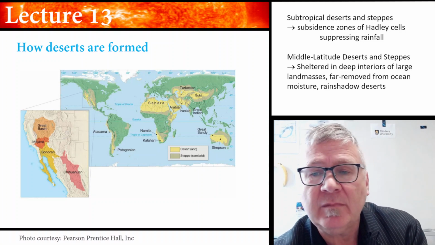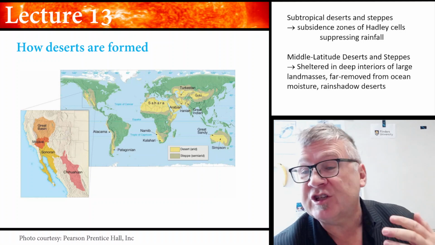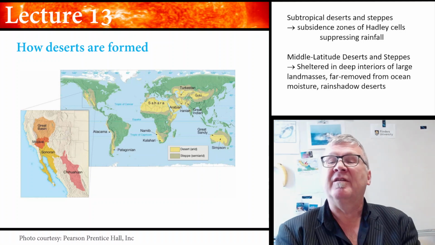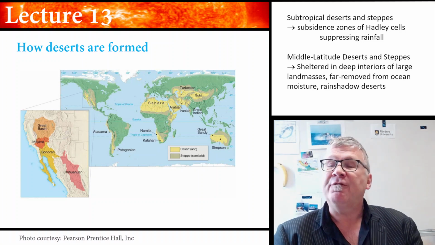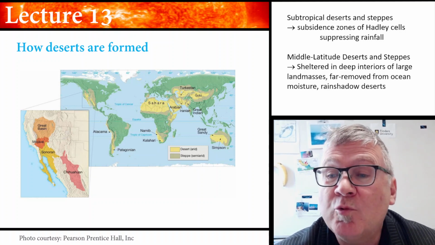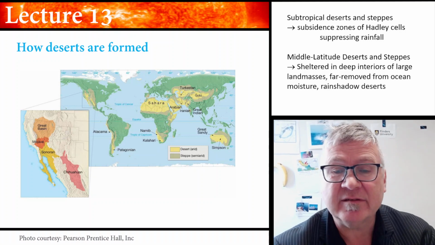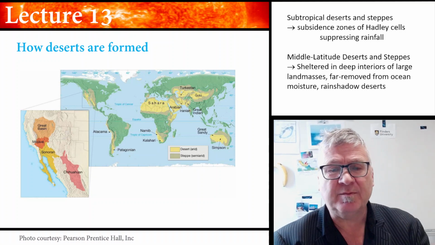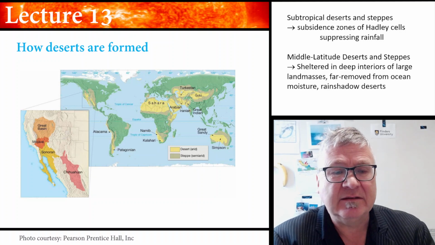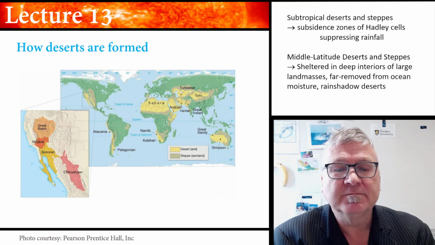We have mid-latitude deserts, which are sheltered in deep interiors of large land masses, far removed from ocean moisture, and rain shadow deserts. This is how you can explain these desert zones that we have on Earth.